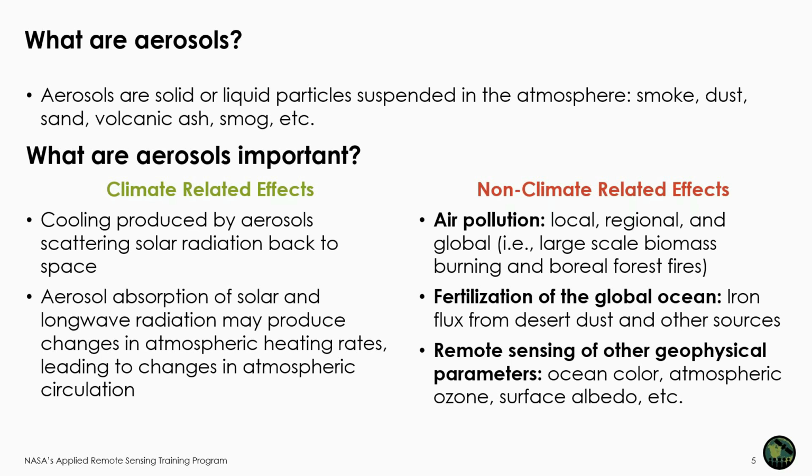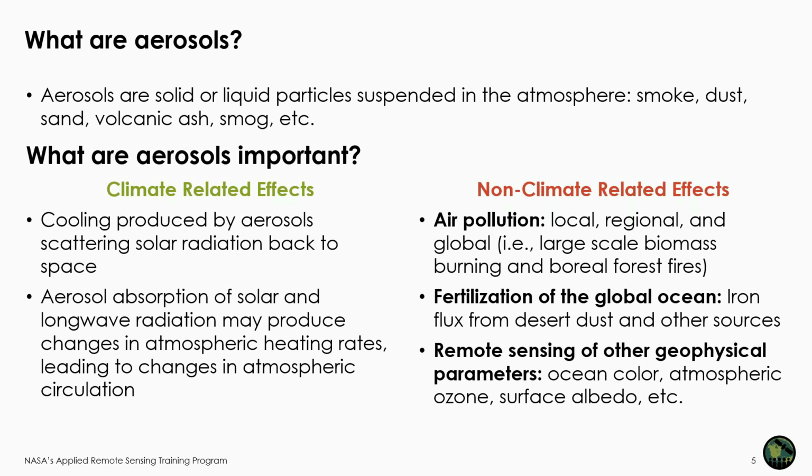Climate-related effects essentially means that some of these aerosols which are present in the atmosphere scatter the solar radiation which is coming towards the earth, and produce a kind of cooling effect by scattering the solar radiation. So the solar radiation is not able to reach the earth's surface.